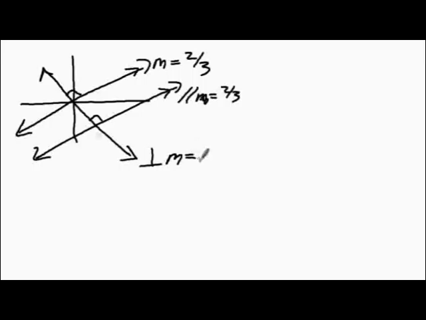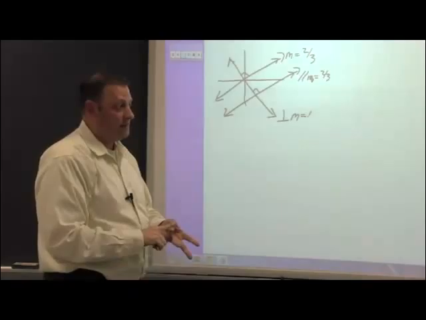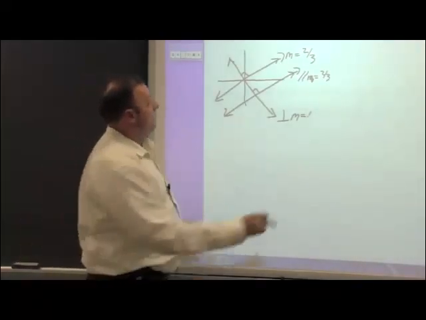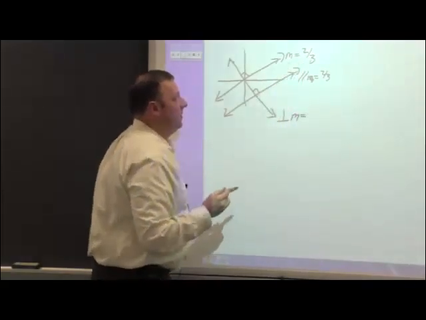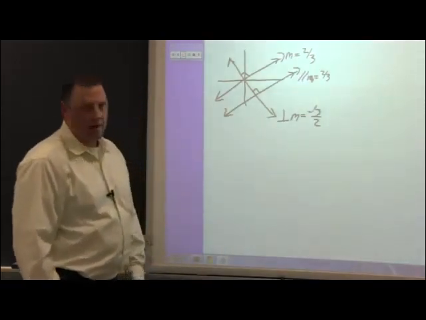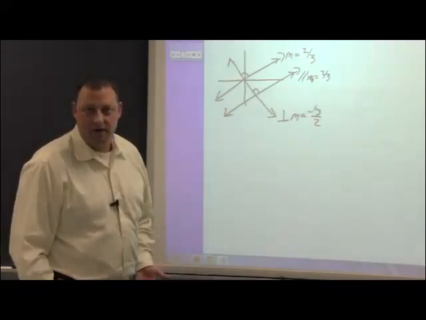Perpendicular slope would be, now I said negative reciprocal is a technical word, opposite reciprocal, I just put it in English, flip it and change its sign. So we're going to take that number of 2/3 that was given, we're going to flip that number, 3/2, change its sign. Doesn't matter where you put the negative, you can put it on top, bottom, or out front. It all gives you a negative number.